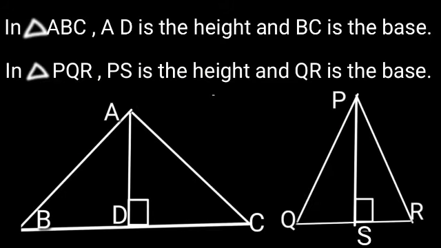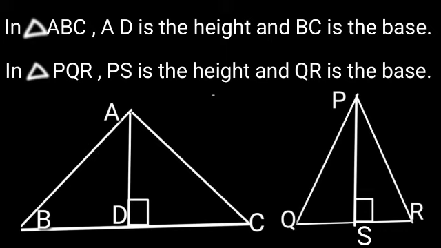In the given figure, AD is perpendicular to BC in triangle ABC, and in triangle PQR, PS is perpendicular to QR. Hence, in triangle ABC, AD is the height and BC is the base. And in triangle PQR, PS is the height and QR is the base.